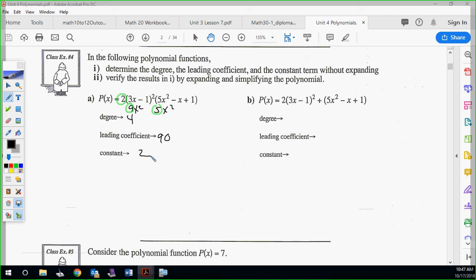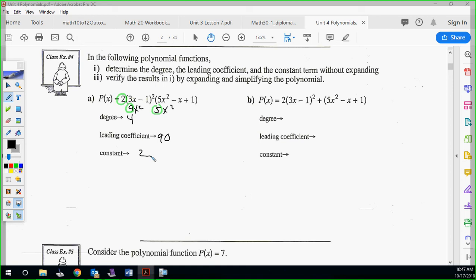I don't have to combine like terms. This 2 is not being squared. We can't distribute it into a square. Right? You have to do this first and then hit with a 2. So when I do this first, the negative 1 squared is 1, times by 2 is 2, times 1 is 2. That's going to be your constants you're going to be multiplying.